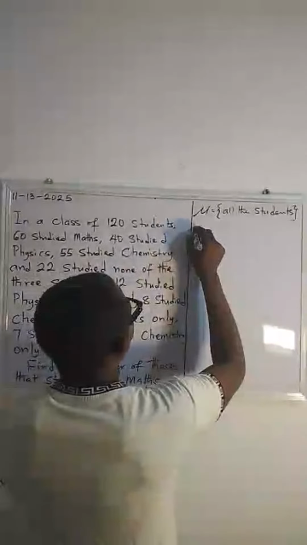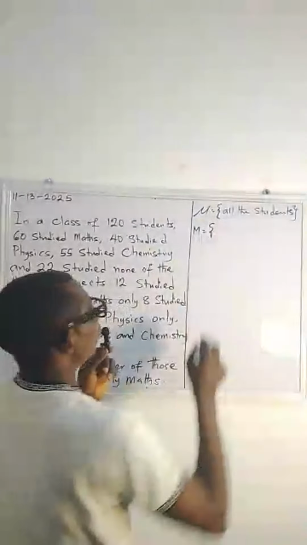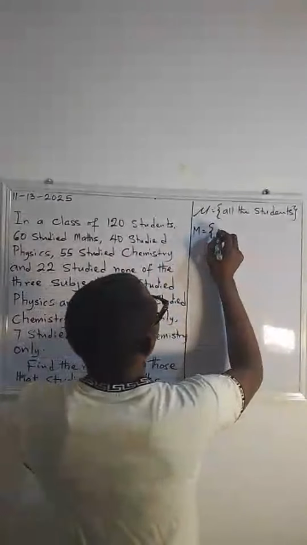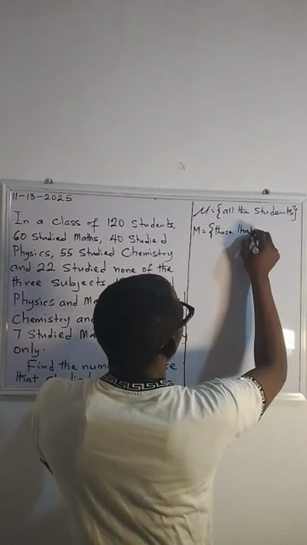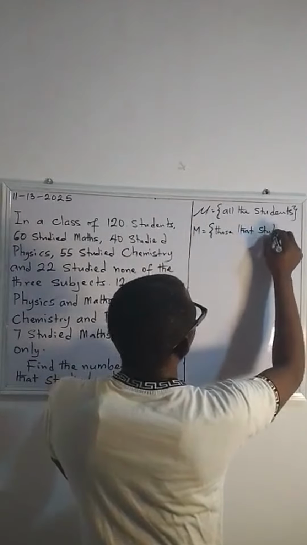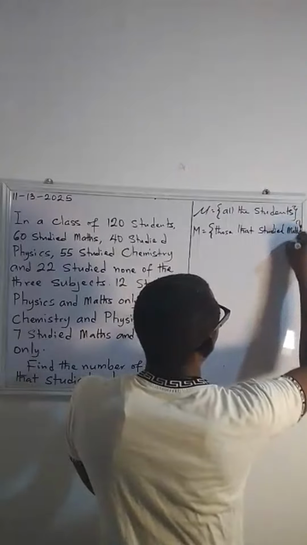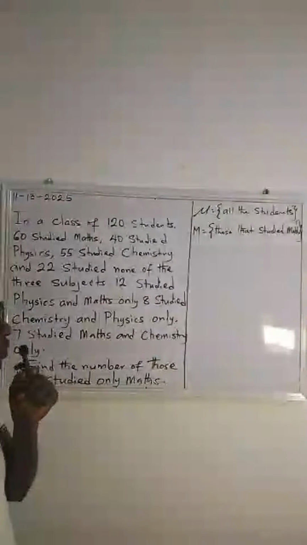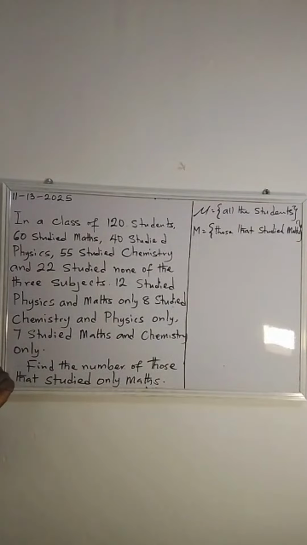We have M equals the set of all the students that study mathematics. So set of those that studied maths. Okay. Now, M represents the set of those that study mathematics.